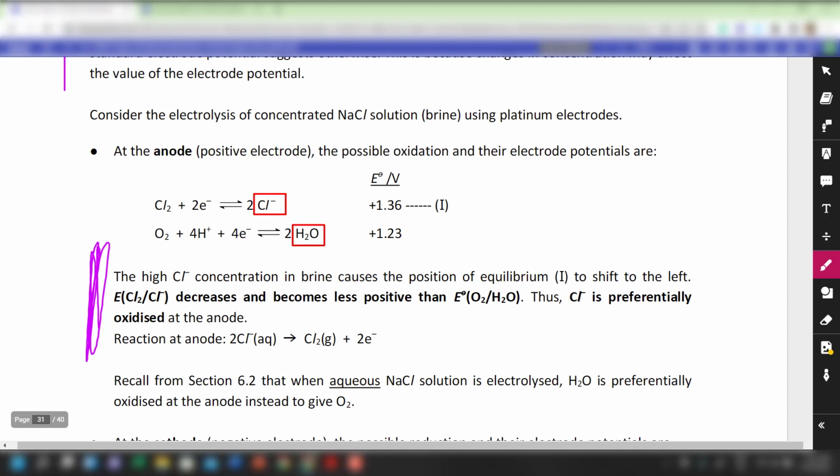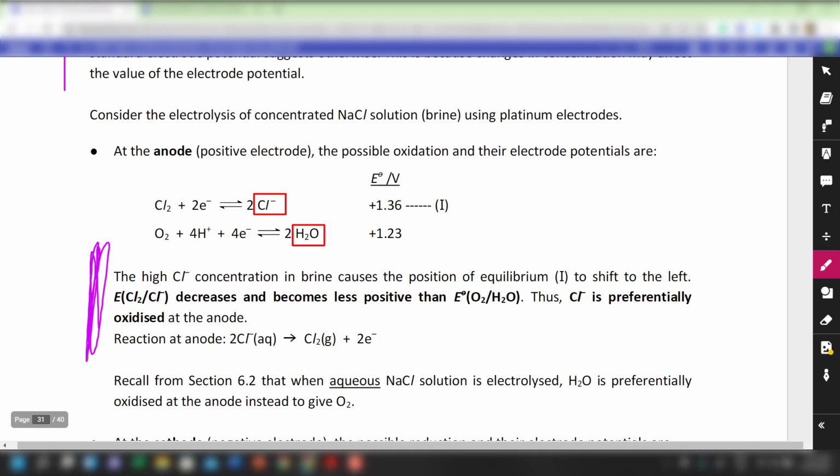If I have a high concentration of chloride, I expect the position of equilibrium of 1 to lie to the left, and because of that, the forward reduction reaction is not as favorable. So the reduction potential value will drop below 1.36 volts. With a very high concentration of chloride, it is likely to drop below 1.23 volts.